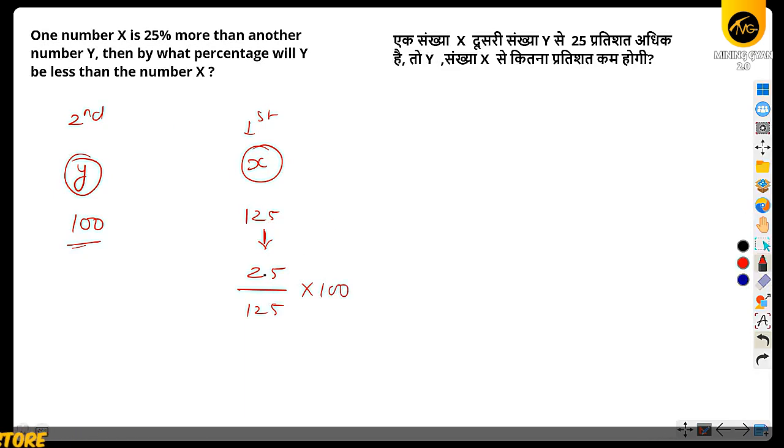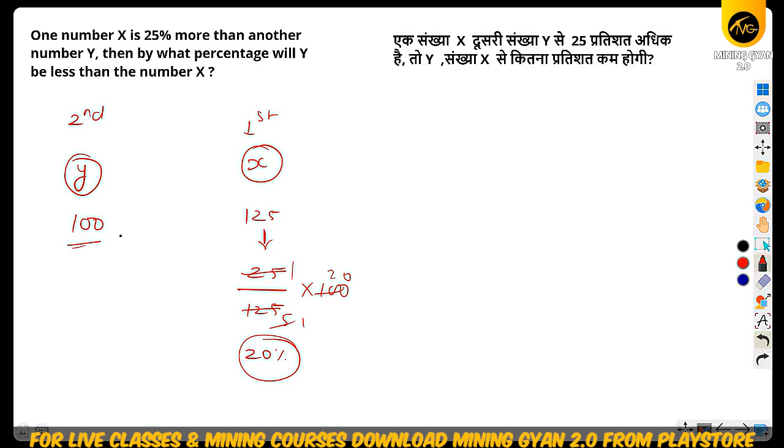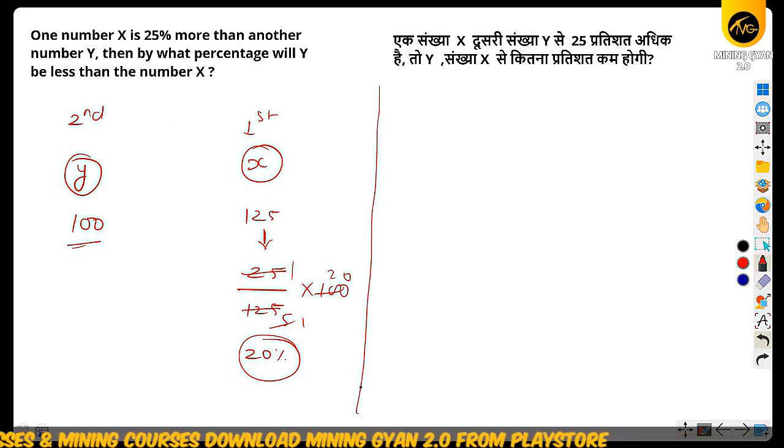So it will be 20%. So by what percent will y be less than the number x? y is 20% less than the number x. Is it clear? So basically you can consider this type of formulation.